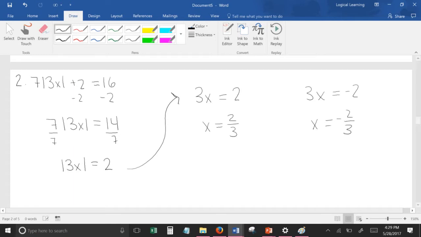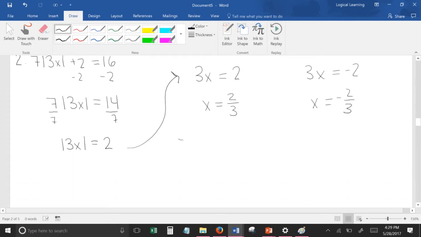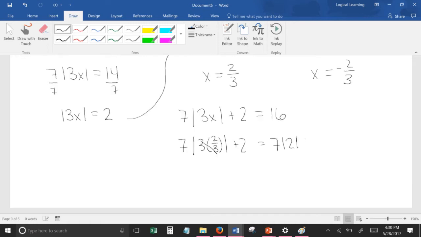And let's go ahead and check that out. So we have 7 times the absolute value of 3x, plus 2 equals 16. We'll first put in 2/3, so 3 times 2/3 is going to give us, these 3's are going to cancel out, and it's going to give us 7 times the absolute value of 2, plus 2.